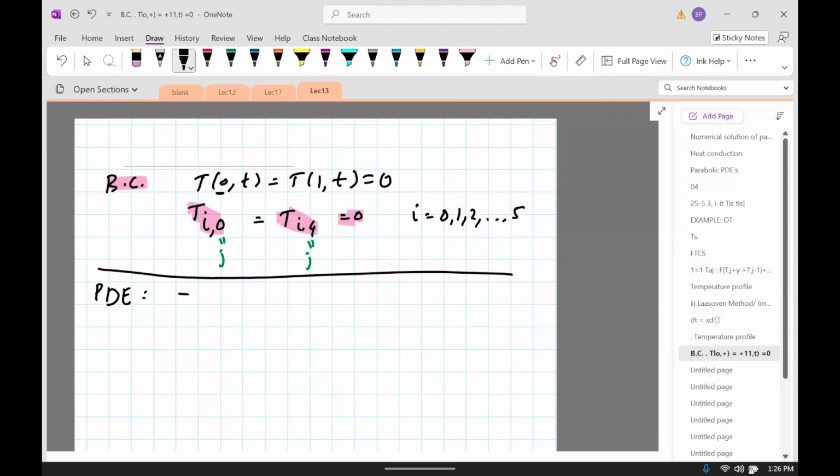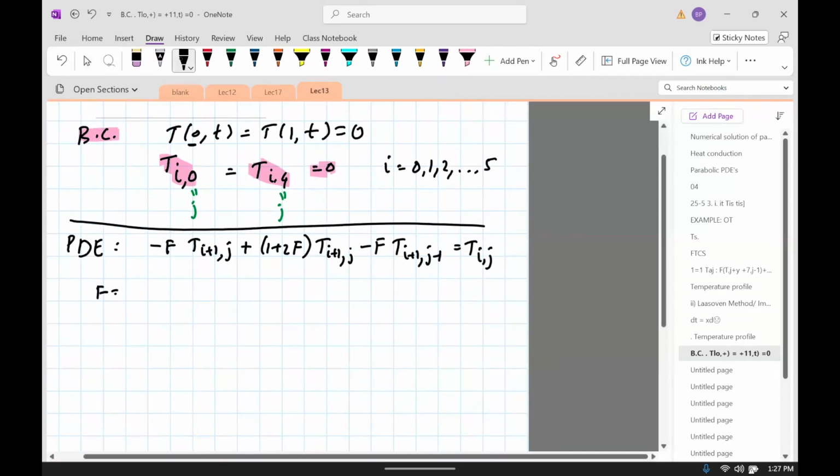The formula is minus f T(i+1, j+1) plus (1 + 2f) T(i+1, j) minus f T(i+1, j-1) equals T(i, j). Now we know that f is 0.32.